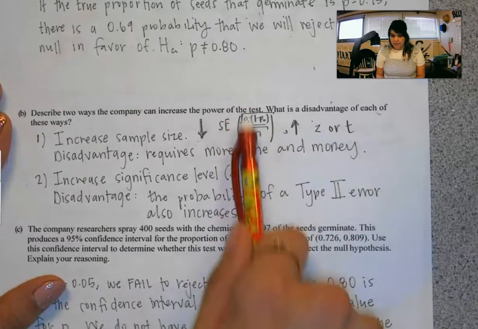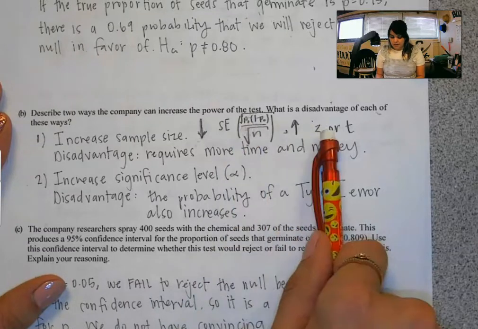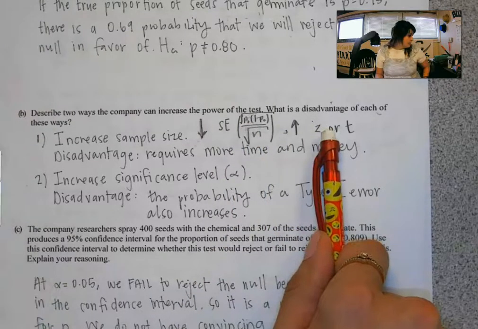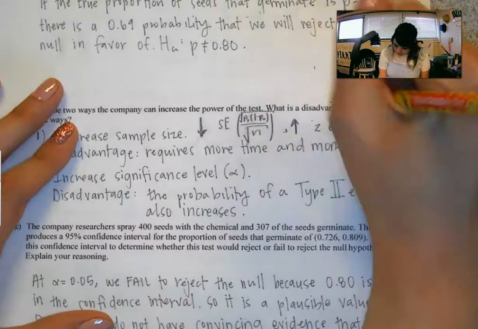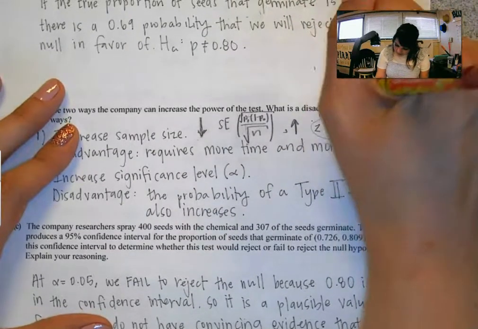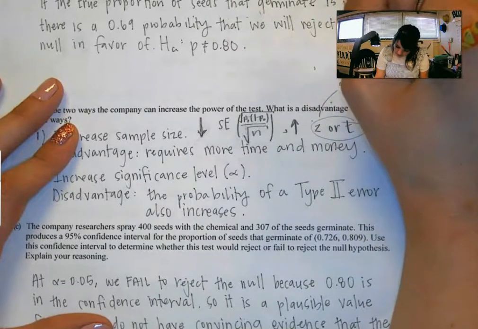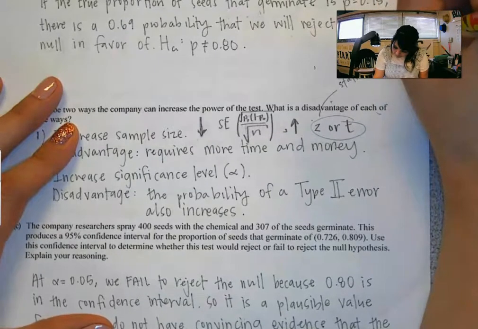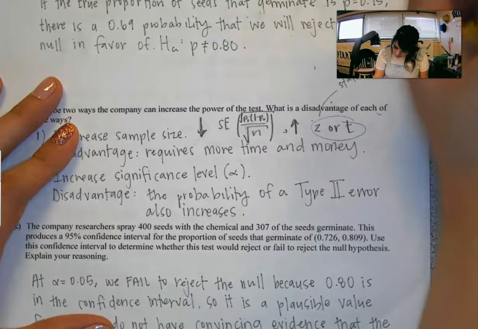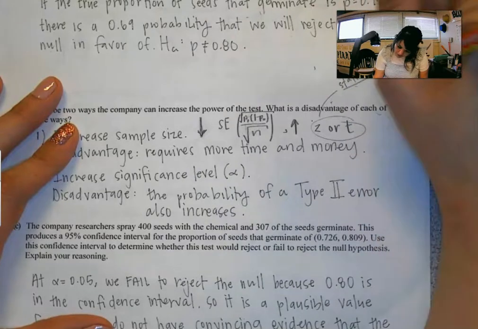This is the formula for standard error. Z or T is that fraction that's your statistic. So this is always found doing statistic, subtract parameter, all over standard error.